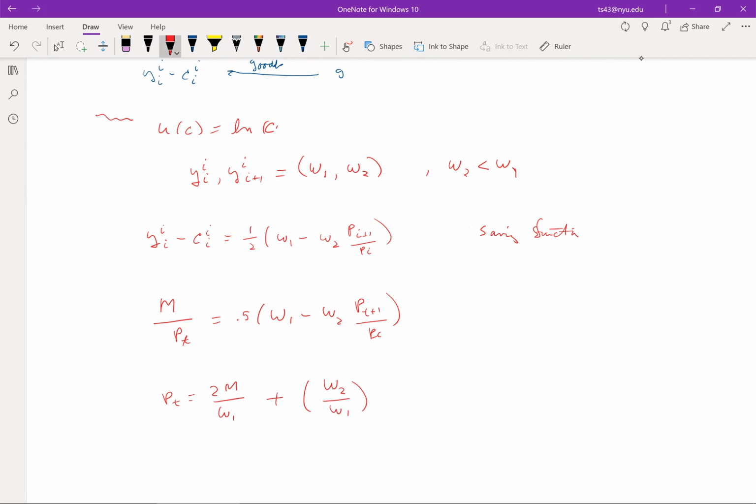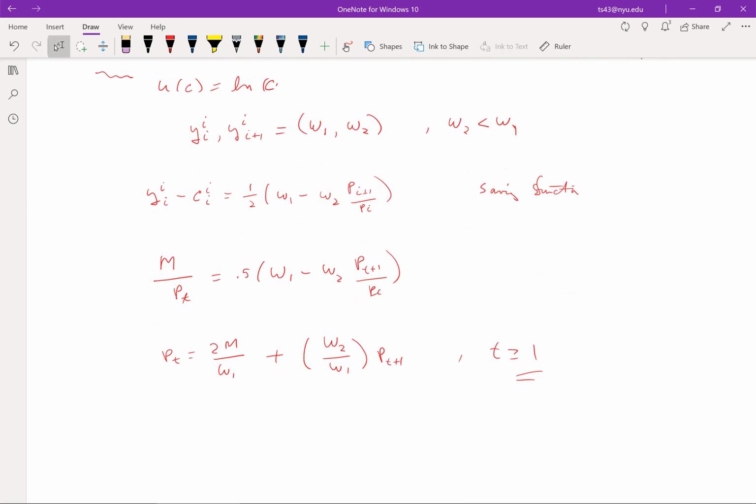This is interesting. And I want that equation to hold for t greater than or equal to 1. This is beautiful: this is a linear first order difference equation.